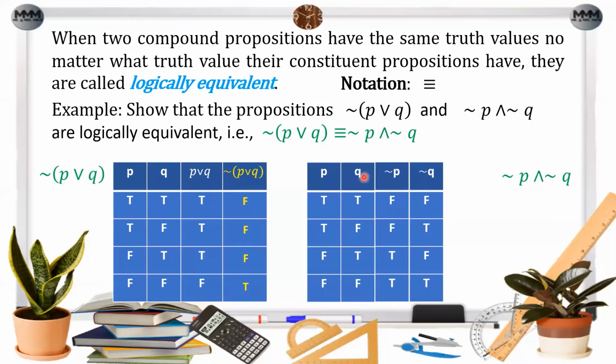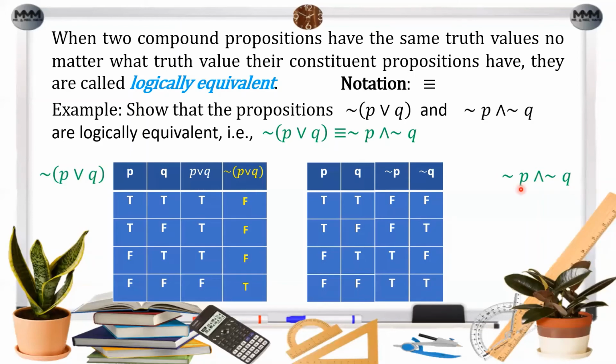For not Q, we will be focusing on the second column. So again, T becomes F. F becomes T here, T becomes F here, then F becomes T here. So we're done for not P and not Q.